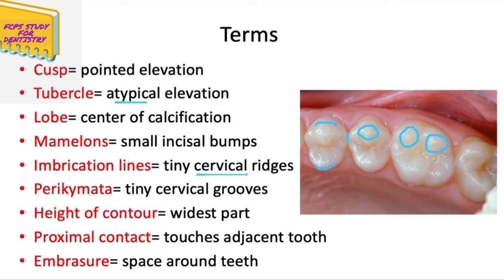And the last term on this slide is embrasure. So whereas a diastema is a space or a gap between two teeth, an embrasure is the space around teeth. So these V-shaped valleys that you see between teeth are called embrasures. And they allow for the passage of food around teeth so that food isn't as likely to be stuck in between them.